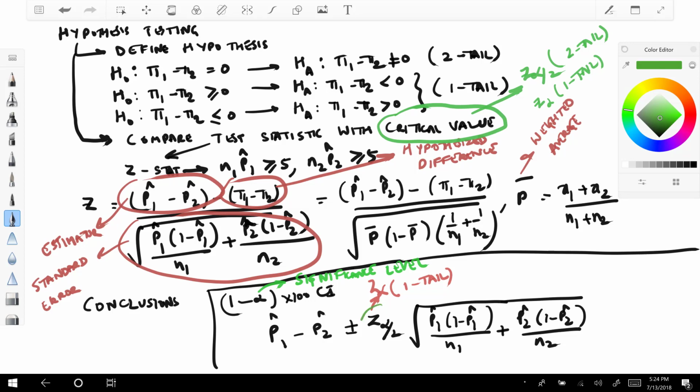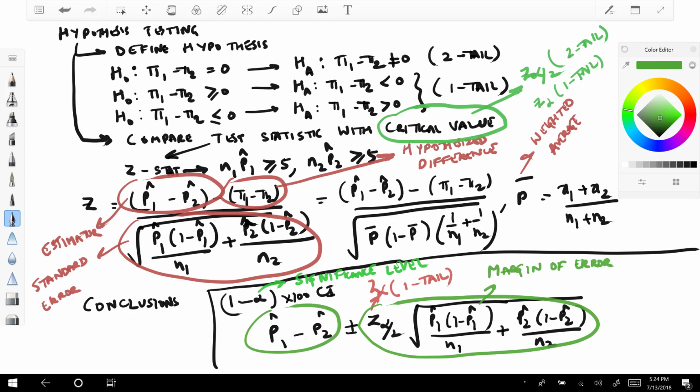So this whole expression is the margin of error, and this is the estimator.